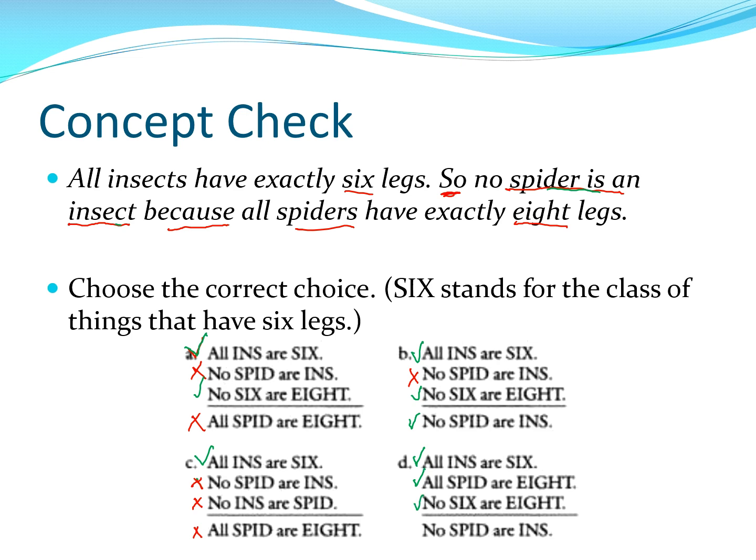Therefore, our conclusion, no spiders are insects, as the conclusion says. So D is the correct answer. So taking these sentences and putting them into a simplified form, that's how that would be correct.